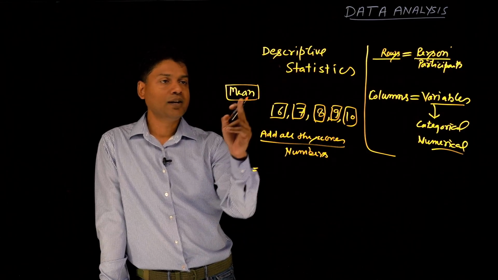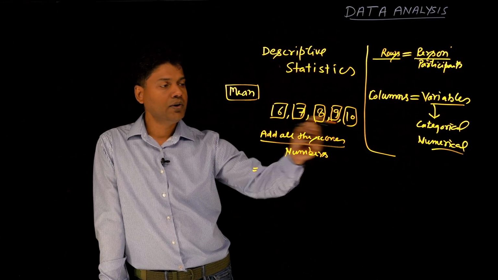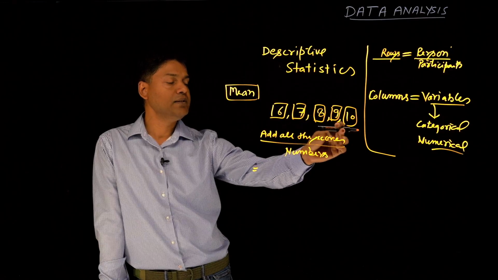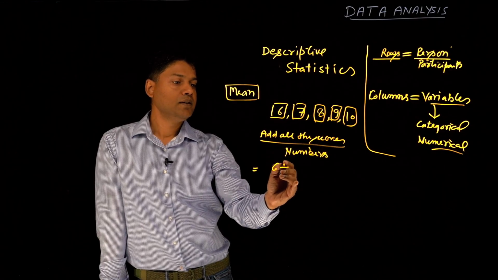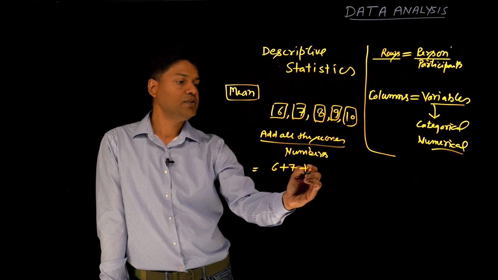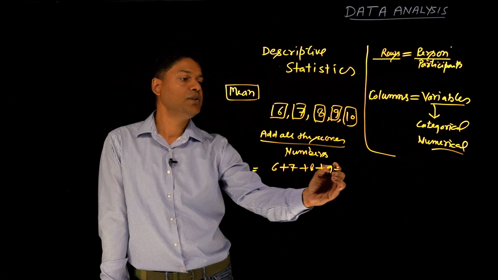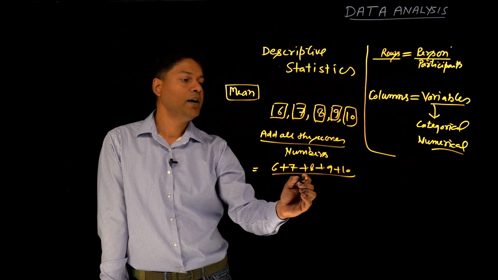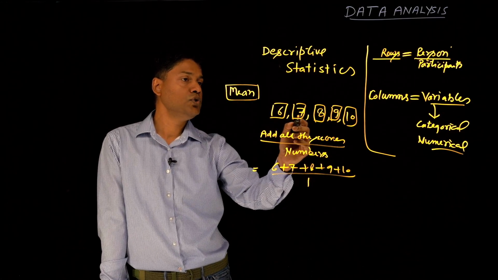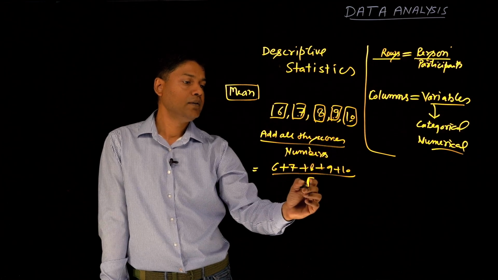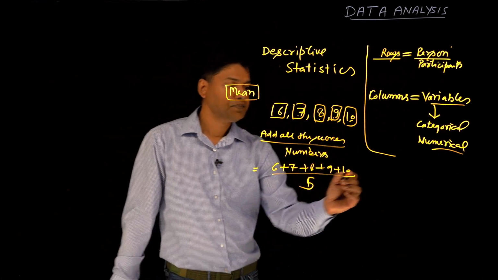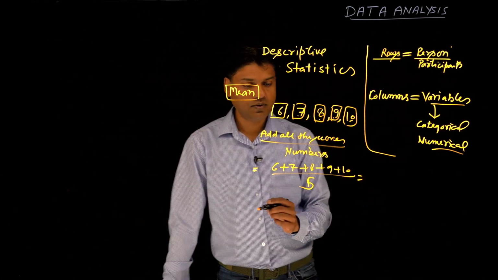So if I have to calculate the mean score of these 5 participants, I will simply do 6 plus 7 plus 8 plus 9 plus 10, and then divide by the total number, 1, 2, 3, 4, 5. So I divide by 5.